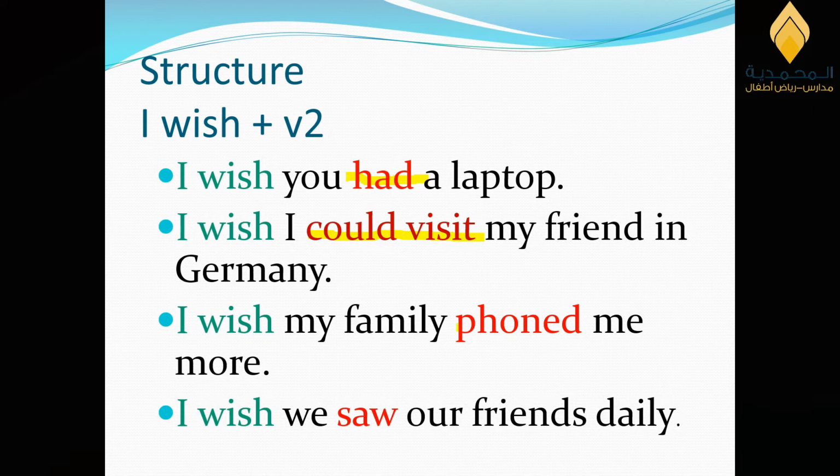Again, we're using here verb 2 of the verb phone, in which in this case we only add a D. Finally is I wish we saw our friends daily. The verb saw is the past tense of the verb see.